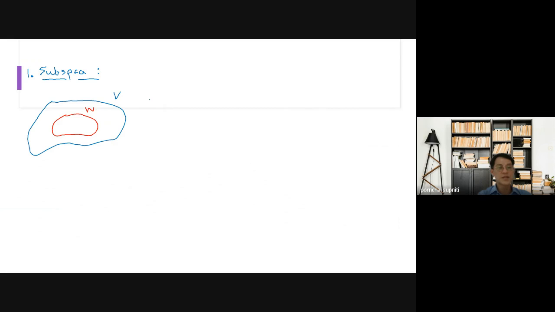So when we say subspace, the members in W must be a subset of the members in the vector space V. So if we have W as a subspace, the members in W have to be a subset.